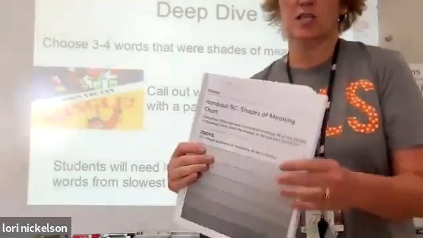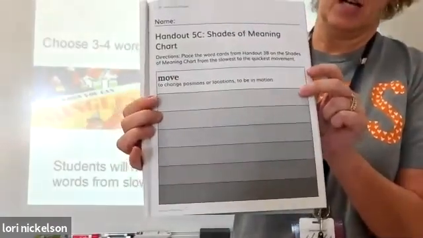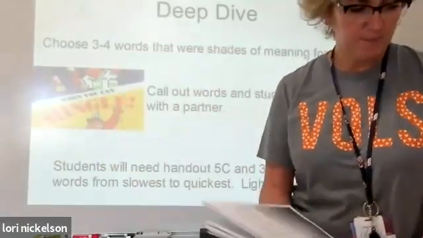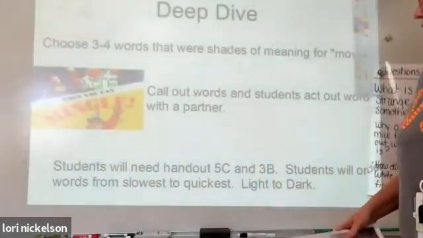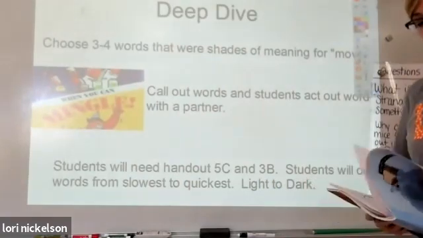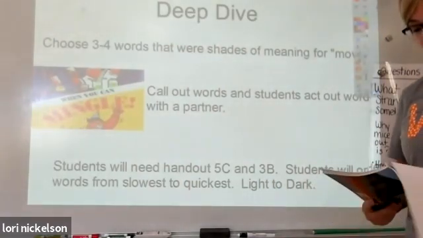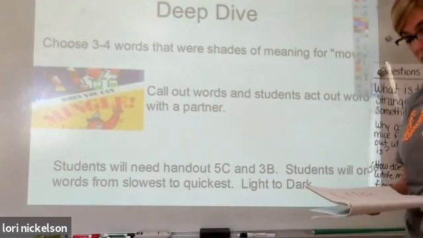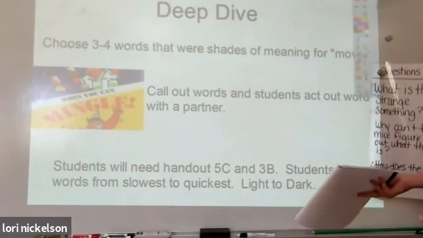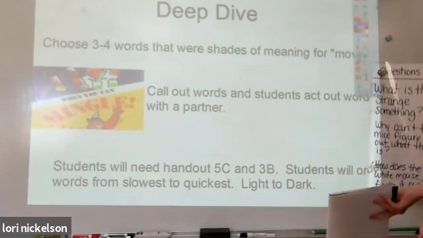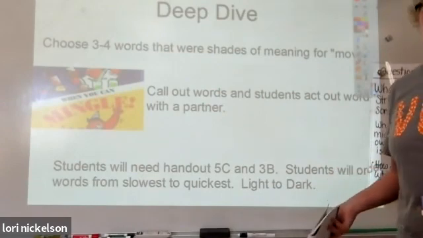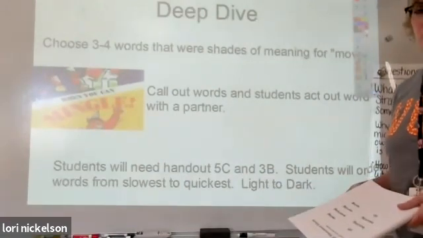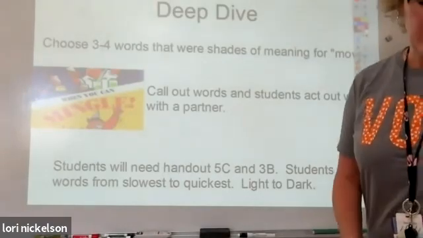Okay, and it should look like this sheet that's got different colors of gray. It goes from a light gray all the way down to a very dark gray. You're going to use those same words that we used on 3B for movement, like flit, hurrying, swerving, racing, scurrying, and curving. And you are going to place those words in order from light to dark, which means from slowest to quickest. All right, do you remember how we did that? Okay, so that's what you need to work on in your deep dive.